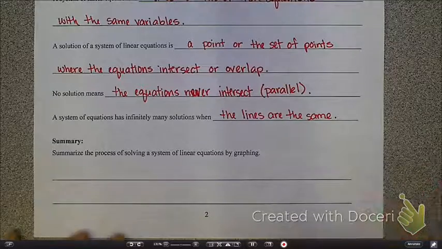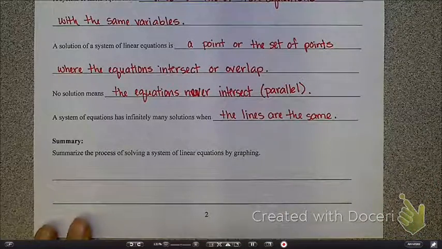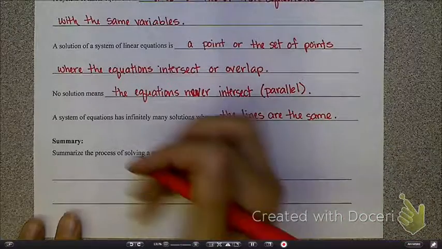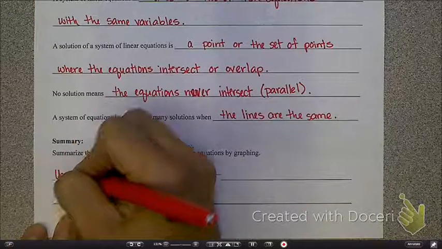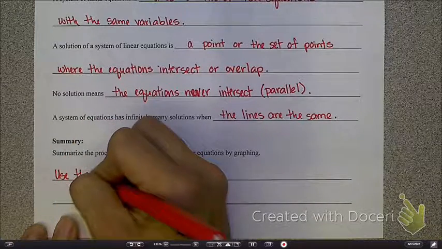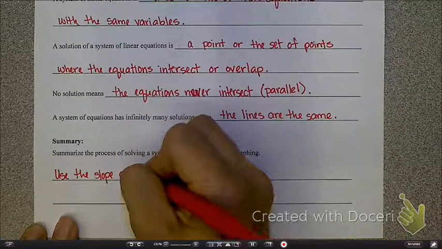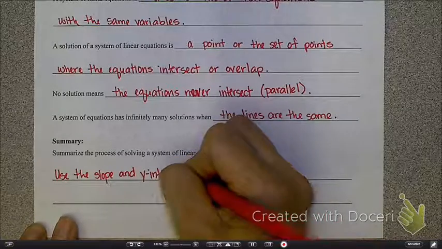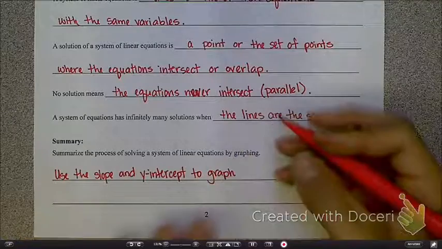All right, so let's go over some of the key points in solving by graphing. Today most of the equations we worked with were in slope-intercept form, so we're going to use our slope and our y-intercept to graph each line.